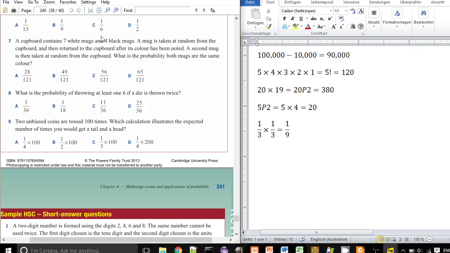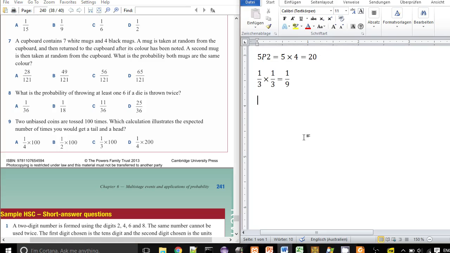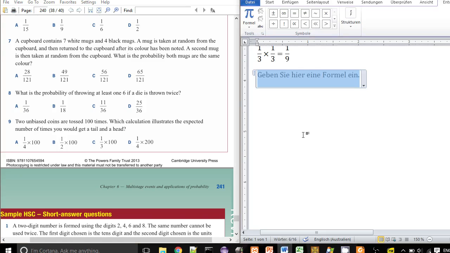Okay, so the first one, the same color. There's a few possibilities. The first one could be white, which is 7 out of 11, because there's 11 in total. And then it's replaced again, and they pick one again, so it's a bit confusing. So the chance that the next one is also white is 7 out of 11. Okay, so that's 2 whites.